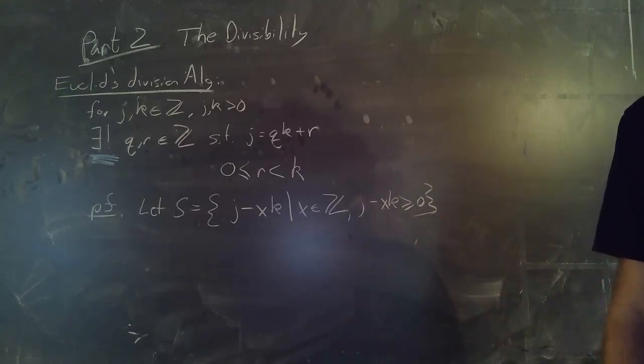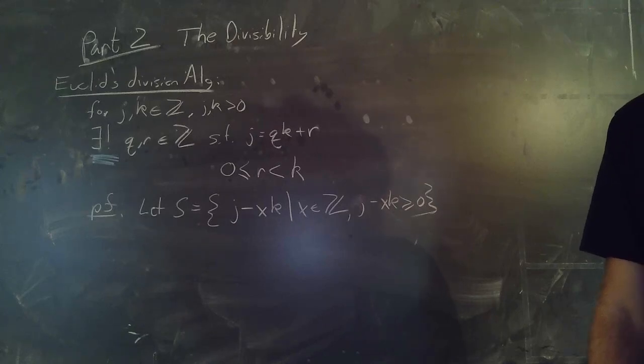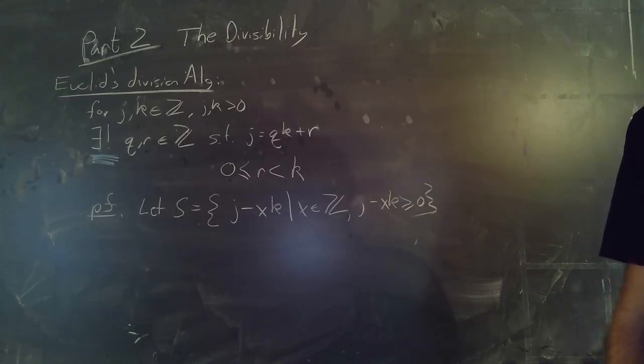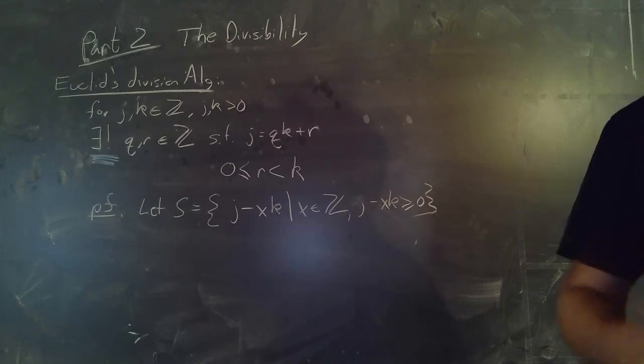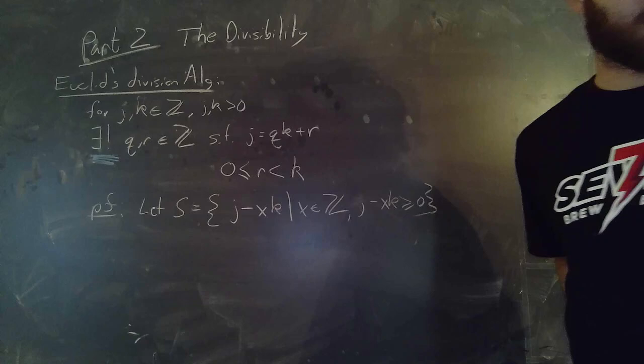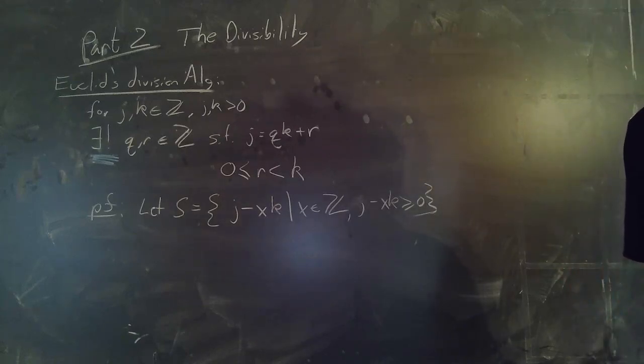This is the set of numbers that can be written as j minus x times k, with x being drawn from the integers, so that these numbers are either 0 or positive. So they happen to be non-negative, and they could be 0, but we notice here that there's a few simple things that will happen as we start examining this set.